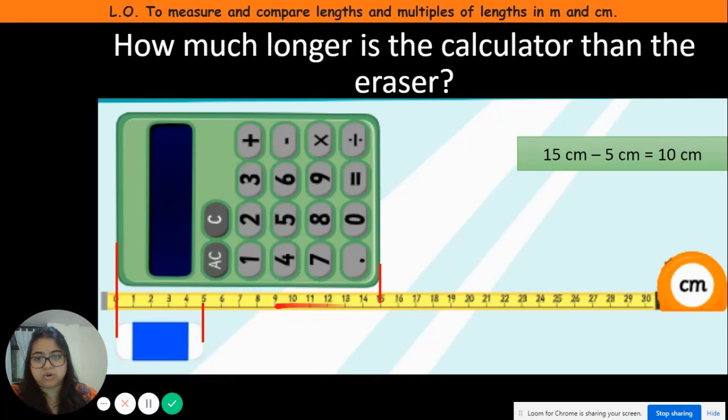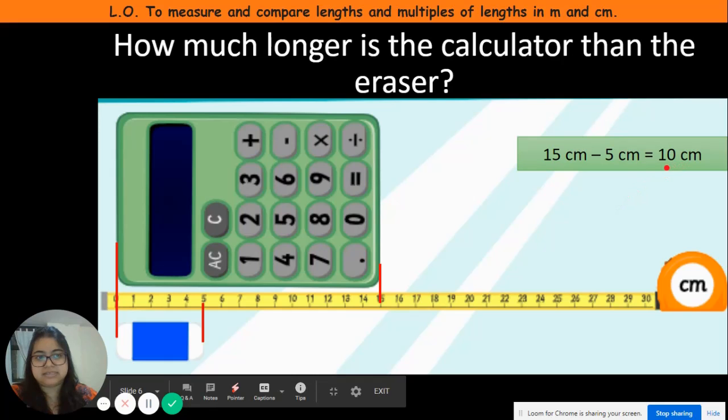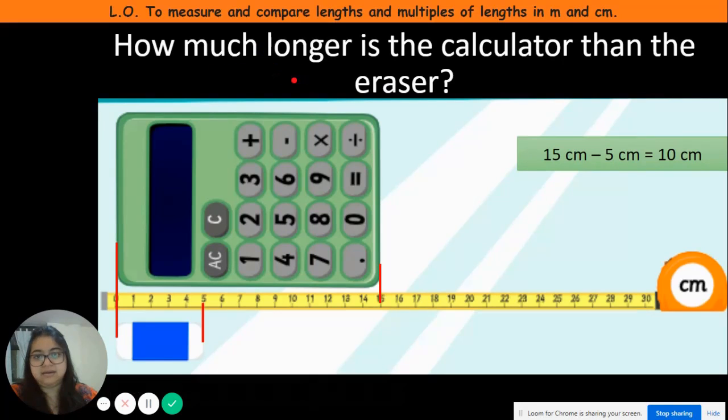So this answer that we counted and the other answer are the same. So these are the two ways in which you can find out which object is longer than the other. So we compared these two lengths. Now let's take another question.